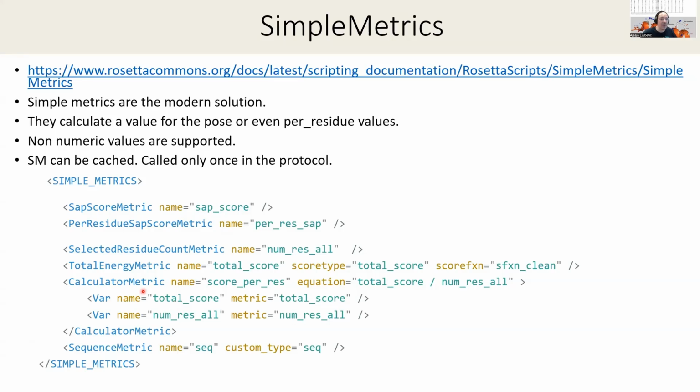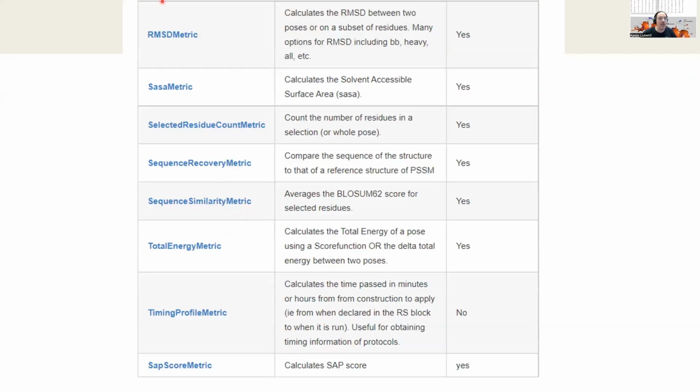You can also do calculations in RosettaScripts with these metrics, or see how many residues are selected, or have metrics that are calculated per residue, not just for each pose. And here's an example of some other metrics that are included, including solvent accessible surface area, root mean square deviation, and sequence recovery.